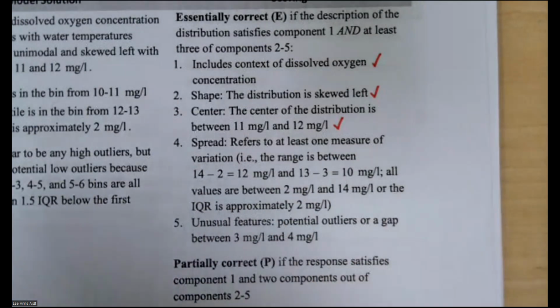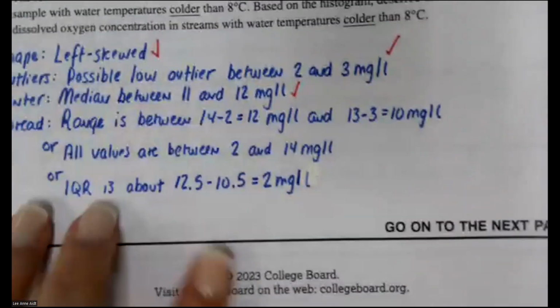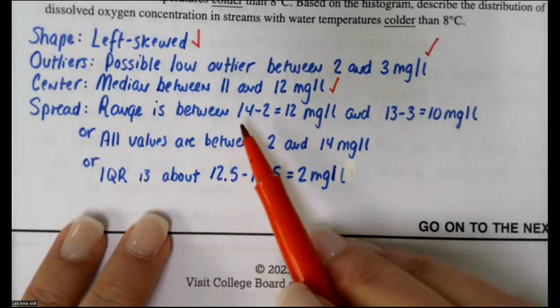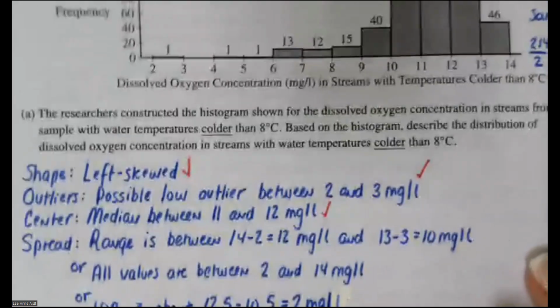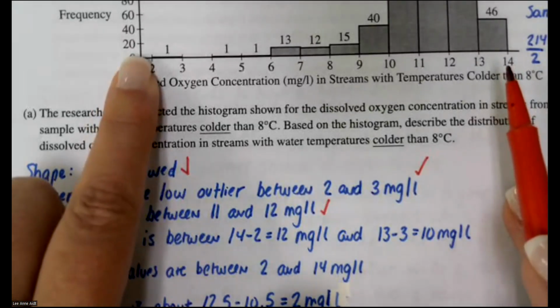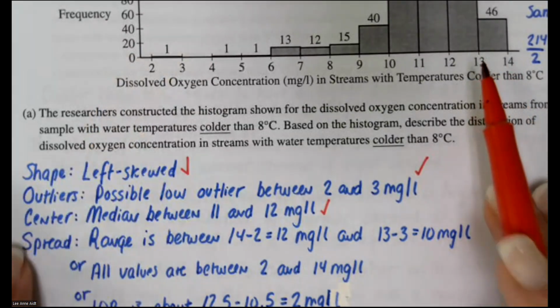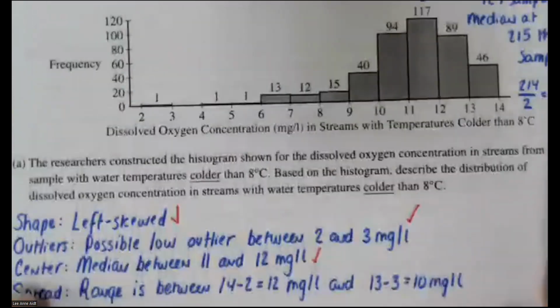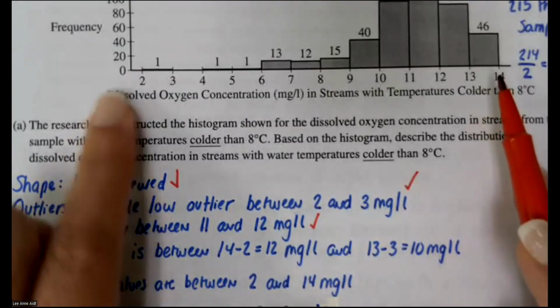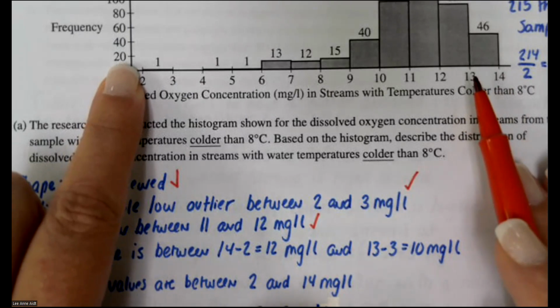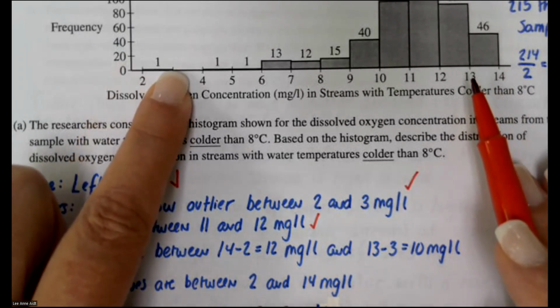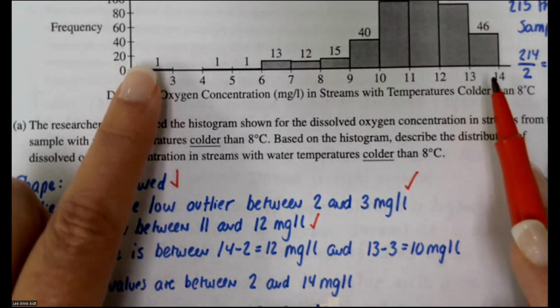I actually put all 3 on mine because I'm a giant nerd. So I said the range is between 14 minus 2 and 13 minus 3. The range is somewhere between those 2 numbers.